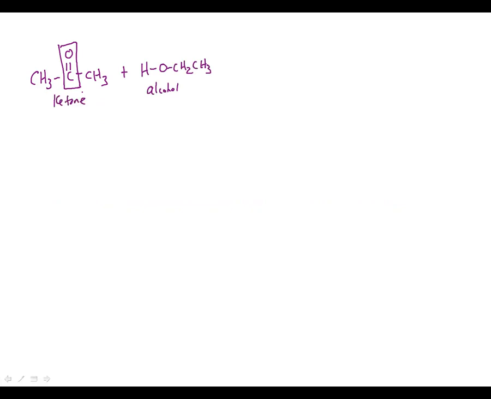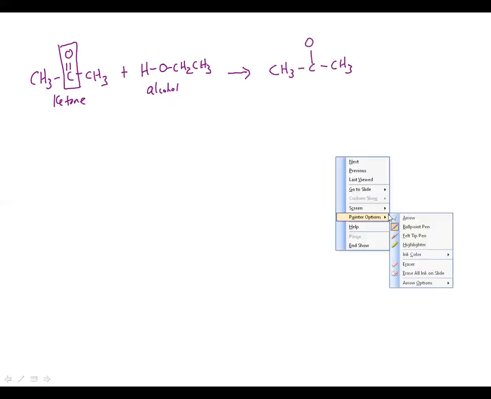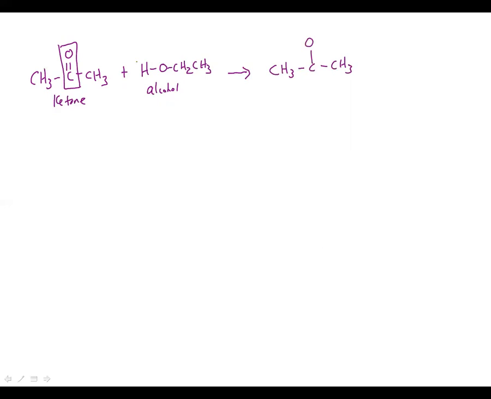Again, just like in the previous one, the exact same thing is going to happen, which means the double bond is going to become a single bond. So we would draw it exactly the same, just making our double bond into a single bond. The H is going to be added on to the top.